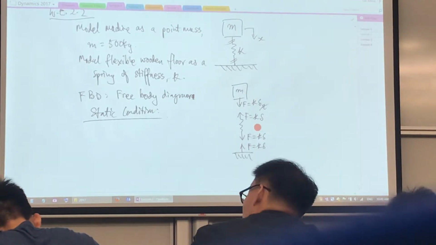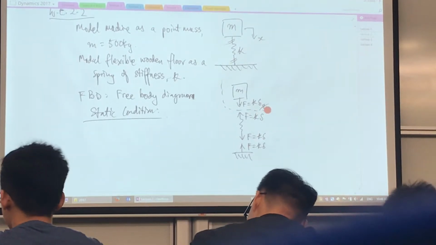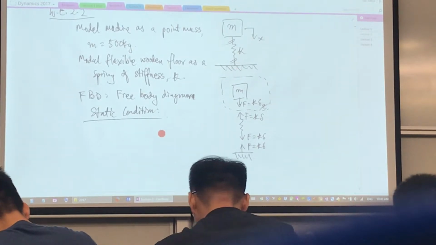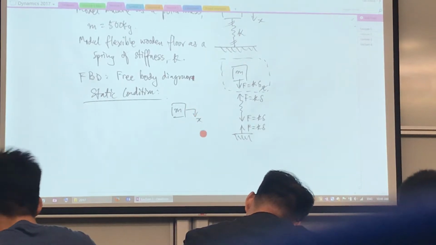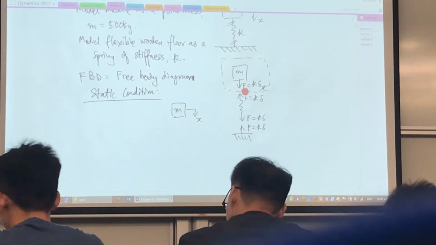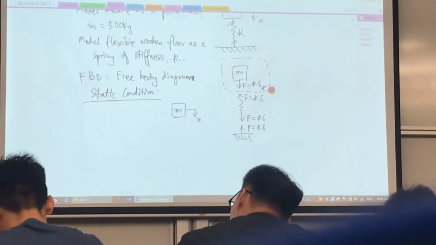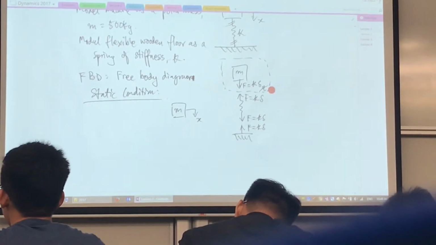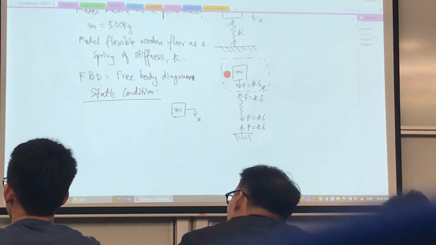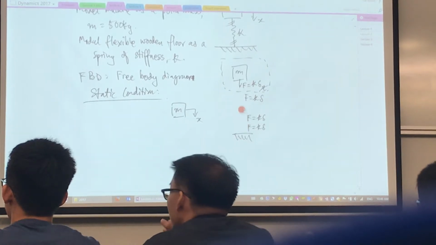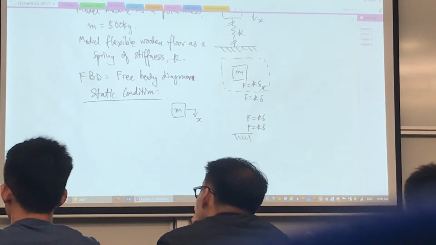If I just focus on this part, the figure that I'm going to get will be M, that's the datum, and there'll be that force. I think I have the arrows wrong. These arrows are wrong, and I'll tell you why it's incorrect.